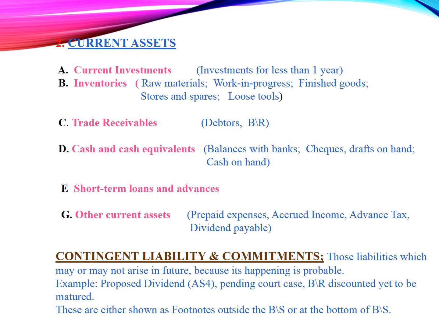Last and the final heading of the balance sheet is current assets. Current assets are those assets which have an operating cycle of 12 months or less than 12 months.